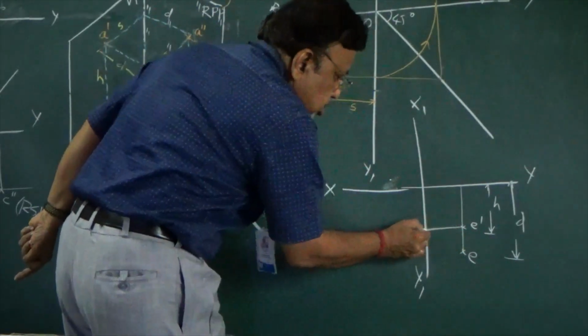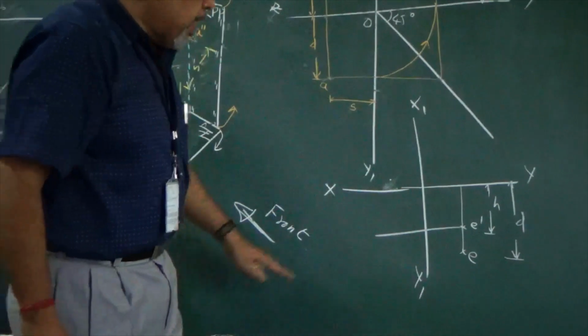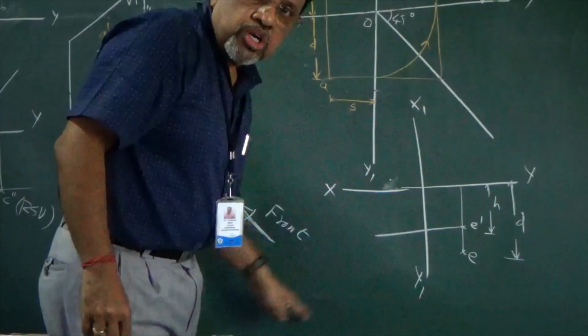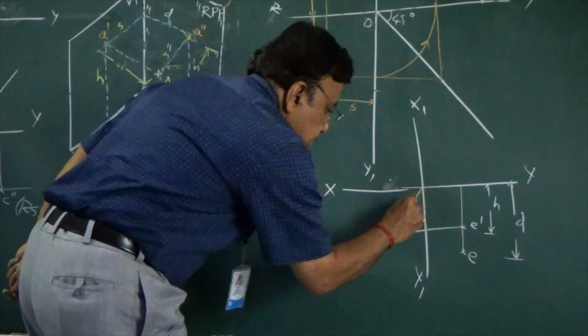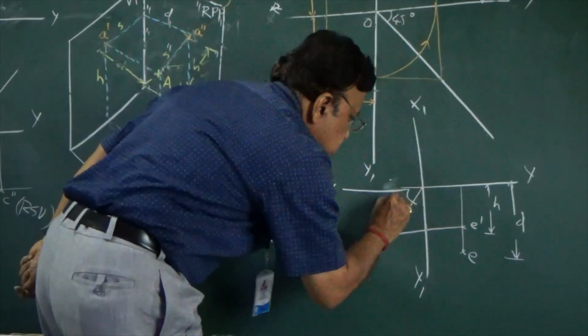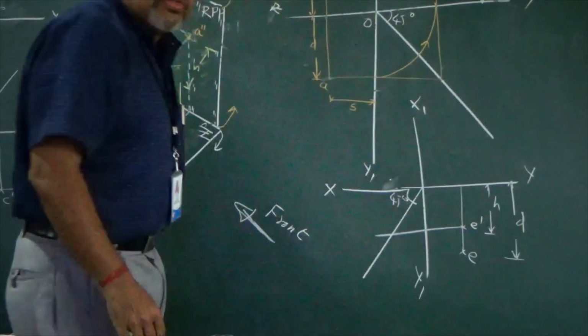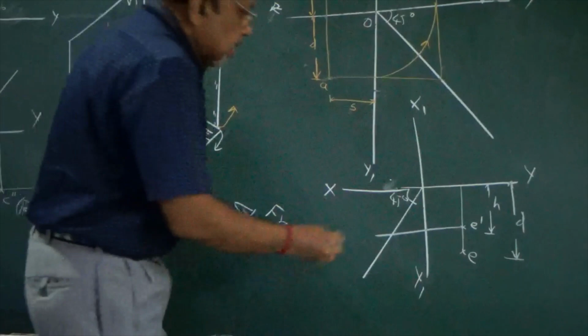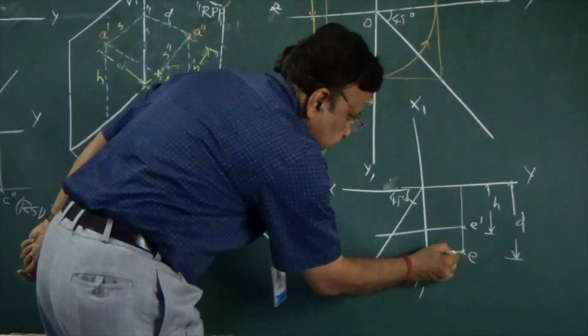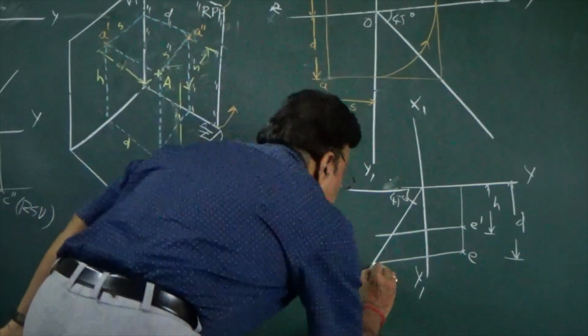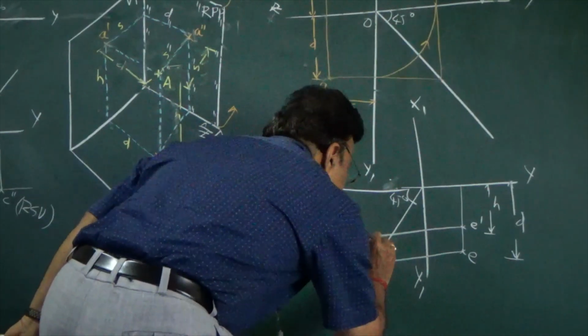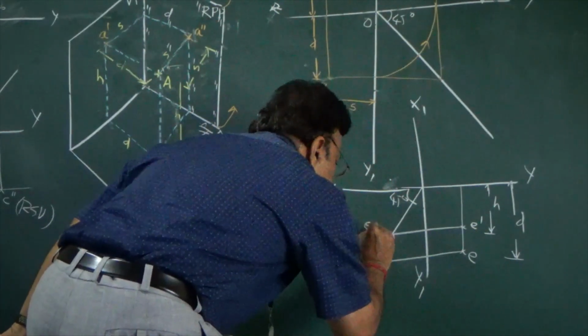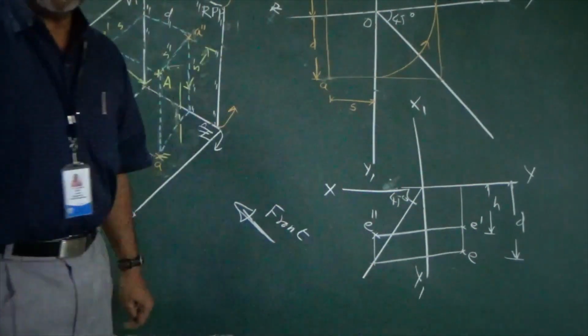So I will draw this projector like this. And wherever you have the top view, I should draw this 45 degree line to transfer the VP distance. So this is 45 degrees. Then, to transfer the VP distance, I will draw a projector like this, so that this intersection will be your E double dash. That is your side view point.